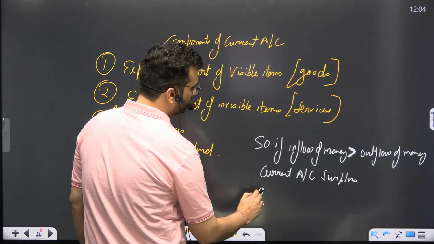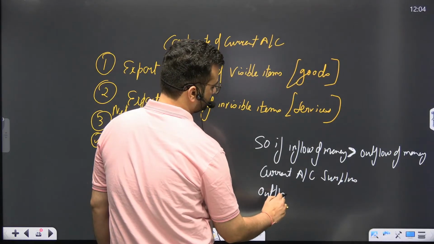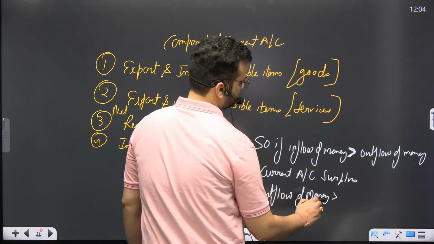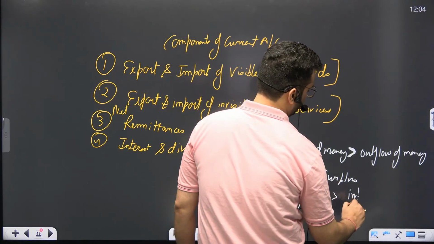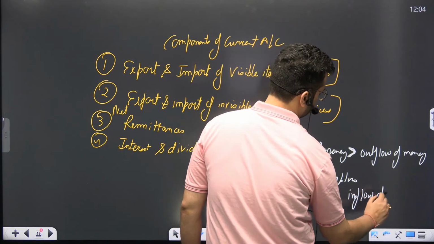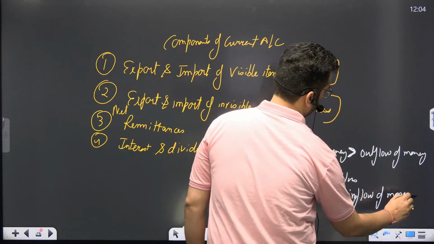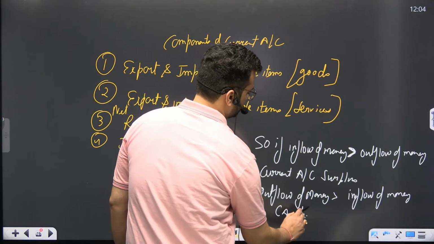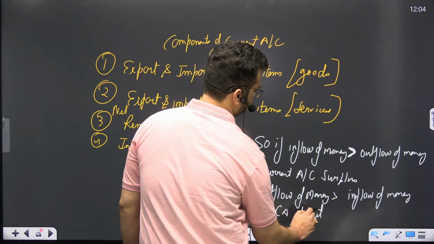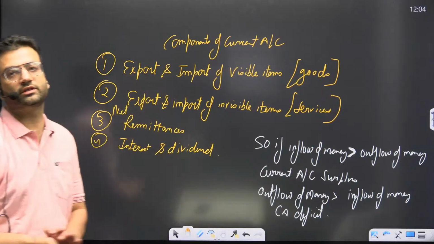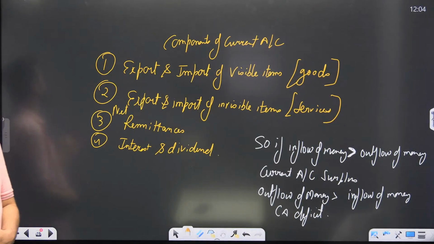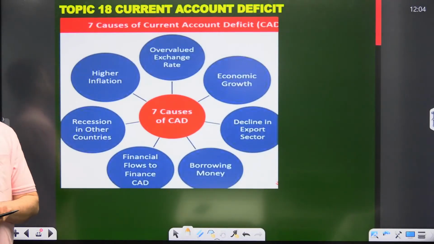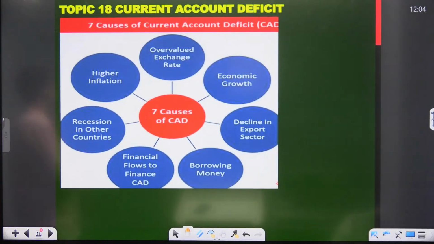And if outflow of money is more than inflow, it is current account deficit. This is the current account's components.